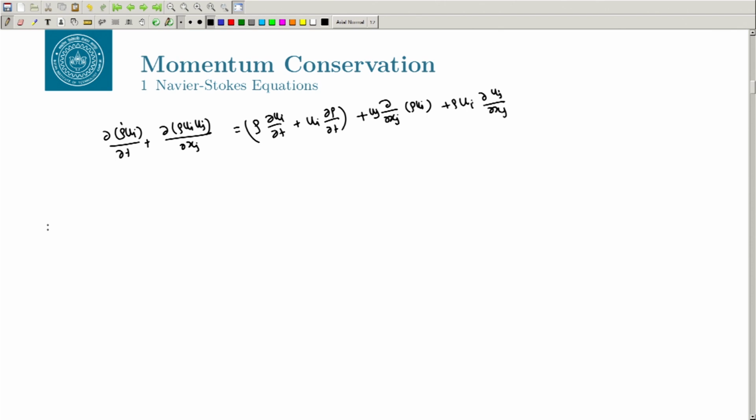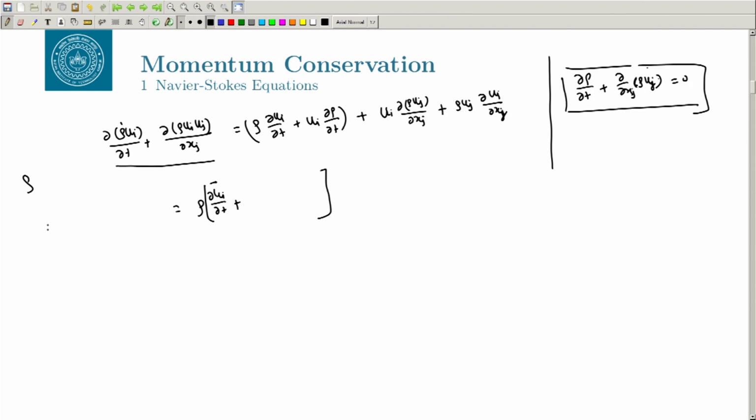This is correct. So, what I am trying to do, I am trying to use this mass conservation relation to basically put it in a form where the ρ is outside, okay.